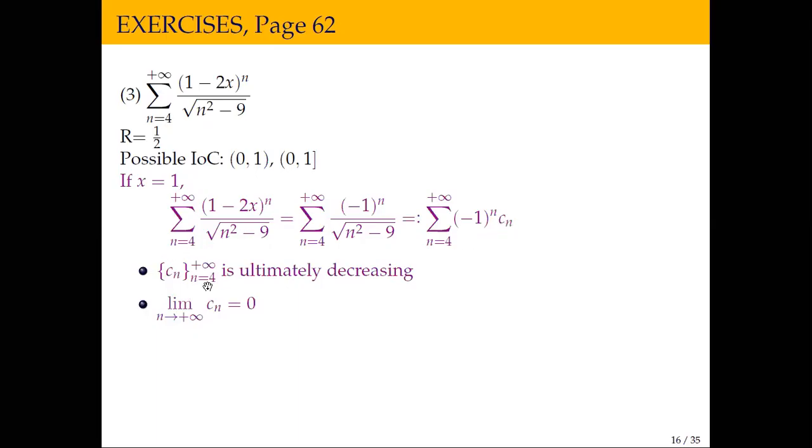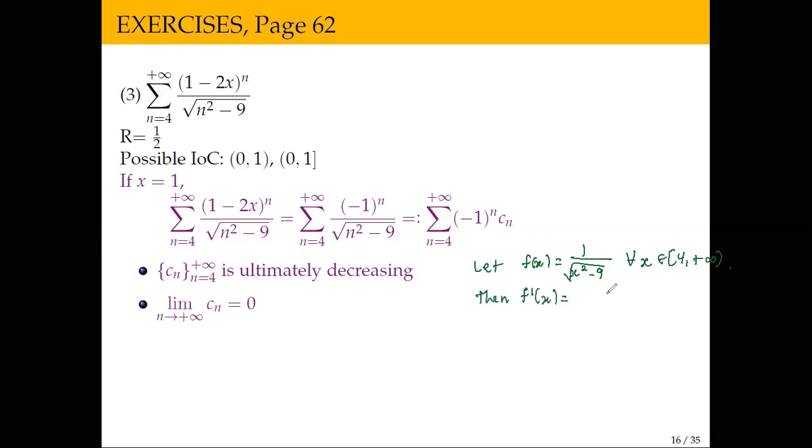So why is this sequence ultimately decreasing? Bakit? Kasi if you let f of x be equal to 1 over square root of x squared minus 9 for all x in the interval 4 to positive infinity, then f prime of x will be equal to negative 1 half times x squared minus 9 raised to negative 3 halves times 2x.